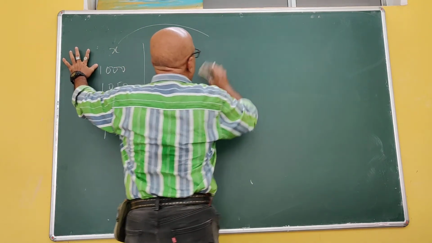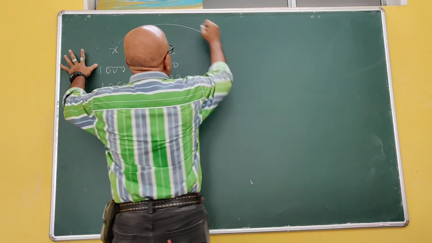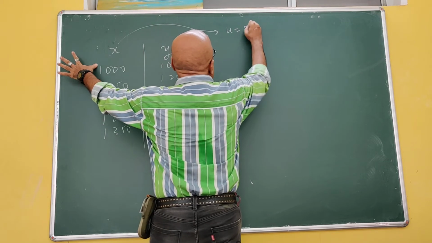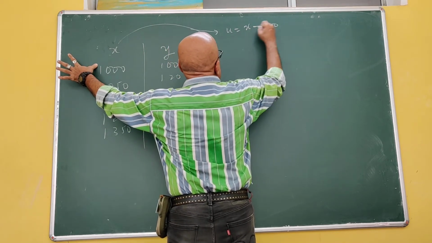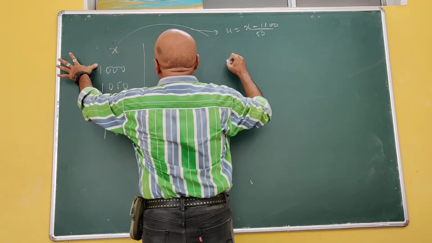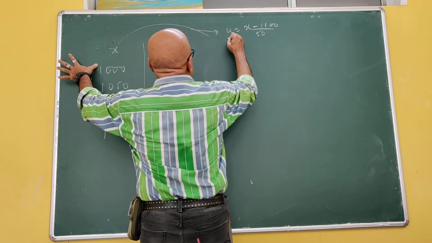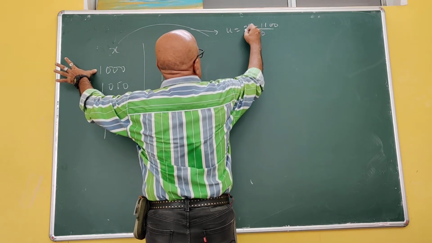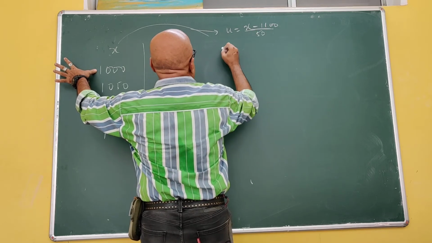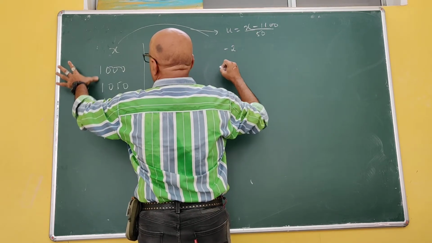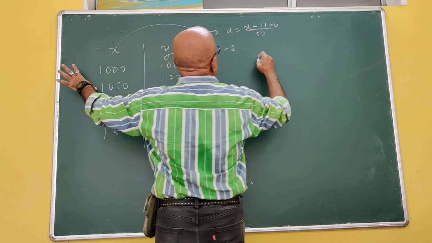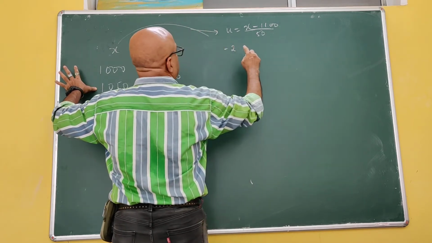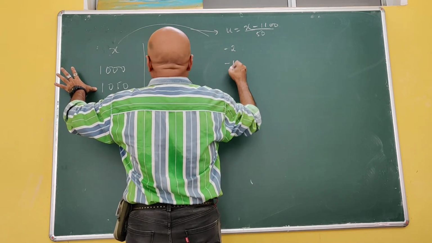So let me write this on top. I am writing u is equal to x minus 1100, divided by 50. The first value of u: put 1000 here, you get minus 100 divided by 50, that's minus 2. Here 1050, so that is minus 1.